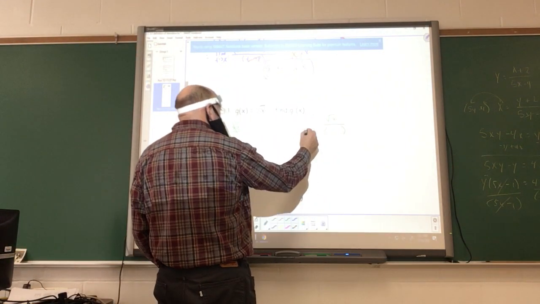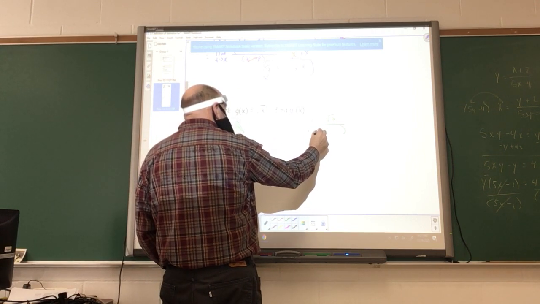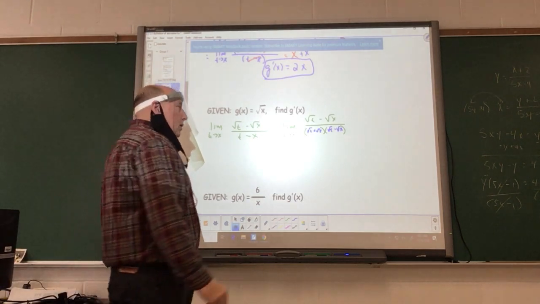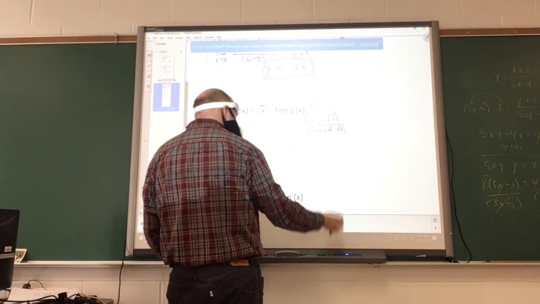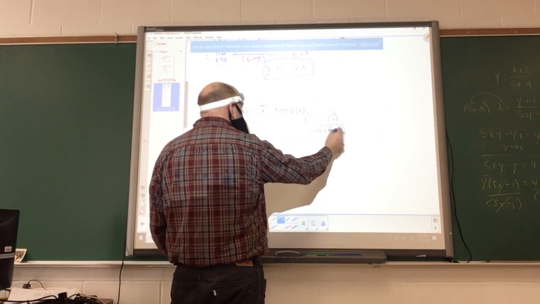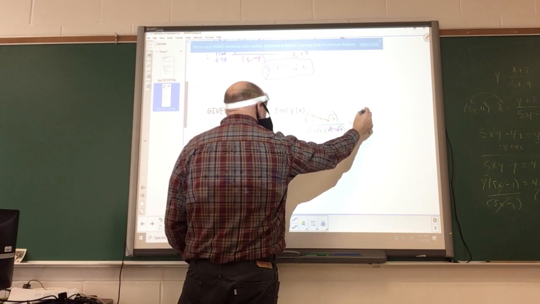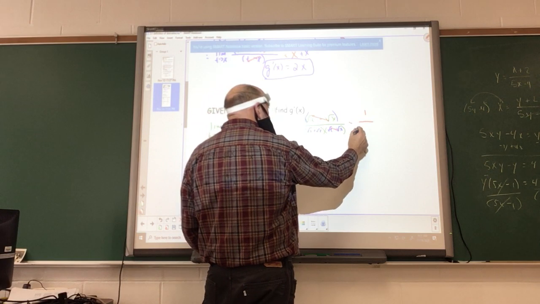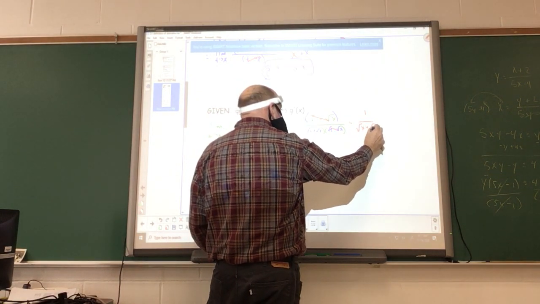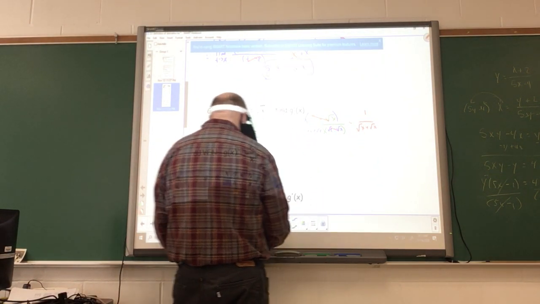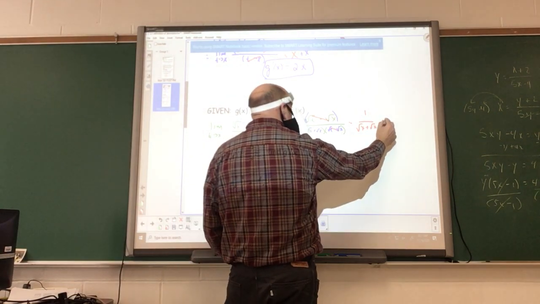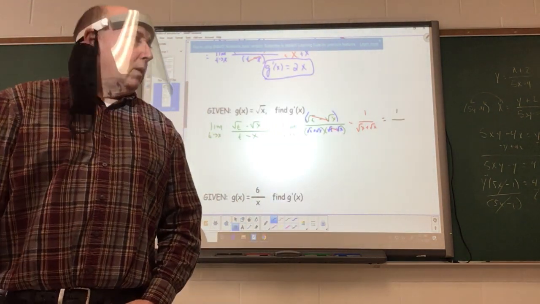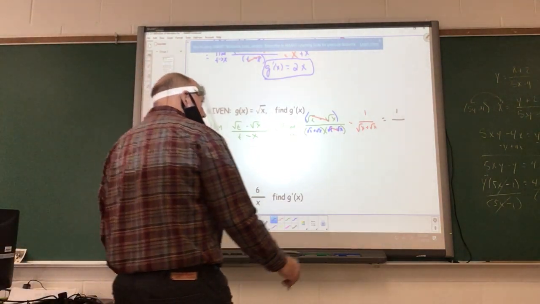Square root of t plus square root of x, times square root of t minus square root of x. And the square root of t minus square root of x terms cancel, and the t minus x's move to Texas. So we're left with 1 over, putting in x for t, square root of x plus square root of x. Square root of x plus square root of x would equal what? 2 square root of x.